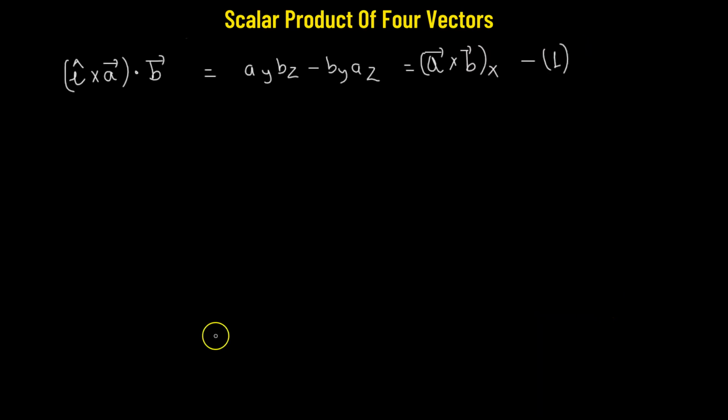Next, we'll look at the second term. In the second term, we are given J cap cross A vector dotted with B vector.